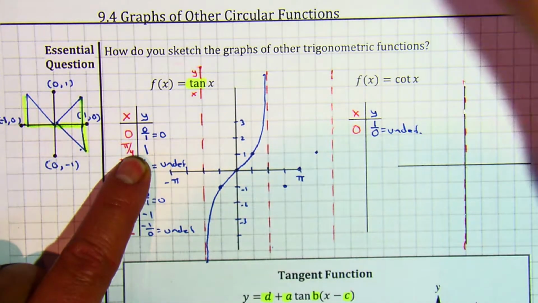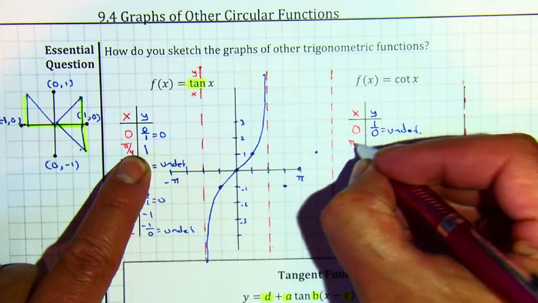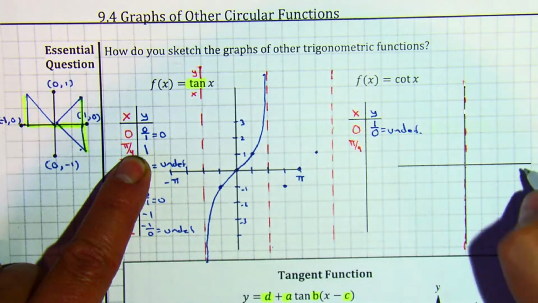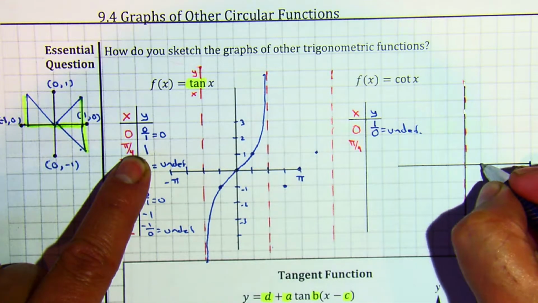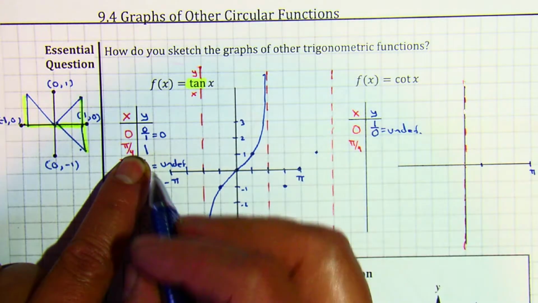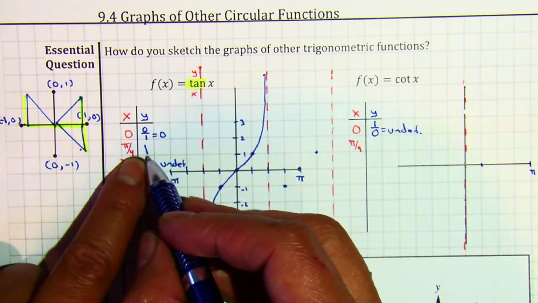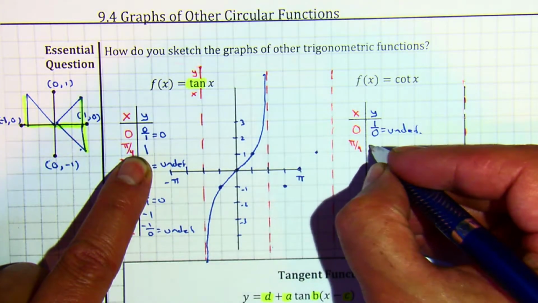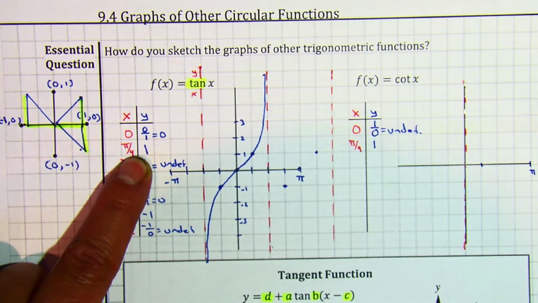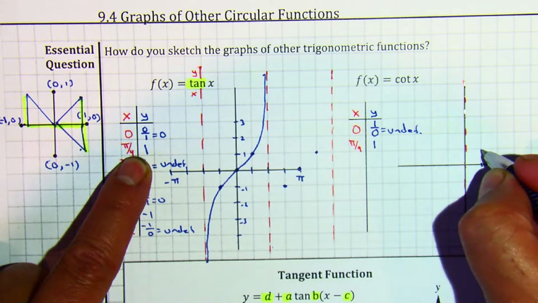Now for pi over 4, so 1, 2, 3, 4 is pi. Pi over 4 is here. It is 1. The reciprocal of 1 is also 1. So pi over 4 will give us a 1.